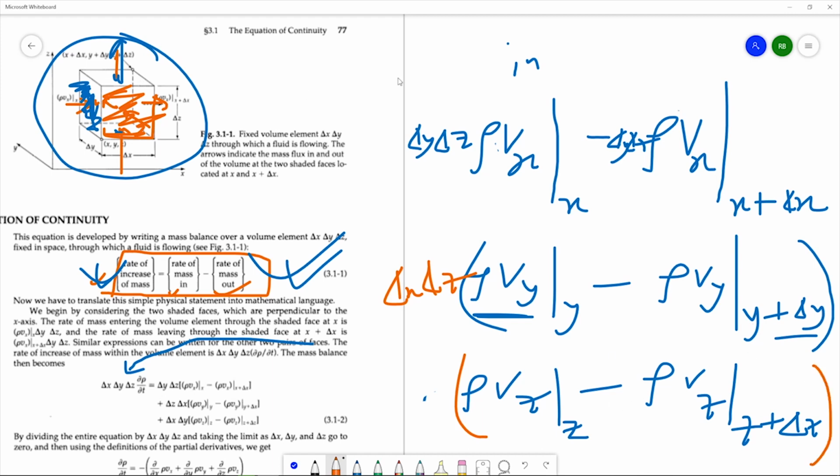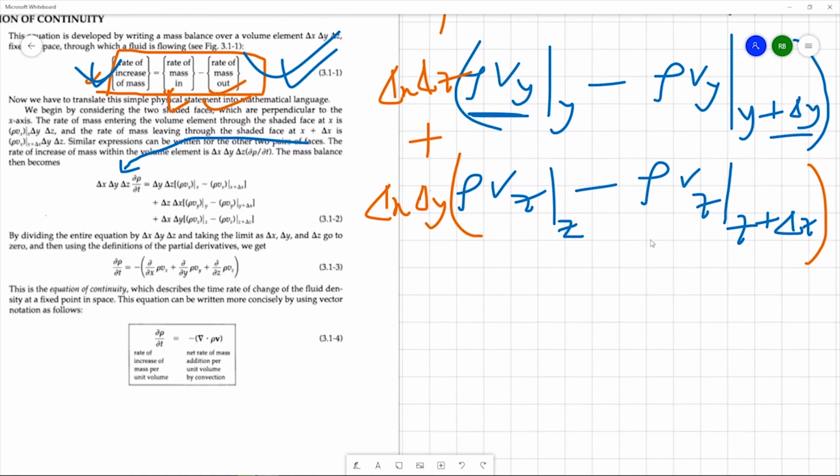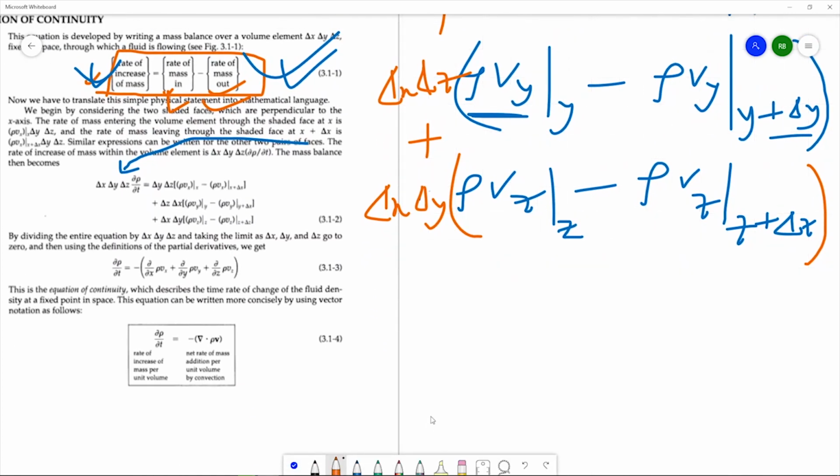Similarly, in z direction, what is the area of this face? This is delta x, delta y, so we have to multiply by delta x, delta y. All three you have to add together. This is the right side, in minus out. If you put this here, you can see they have the same.